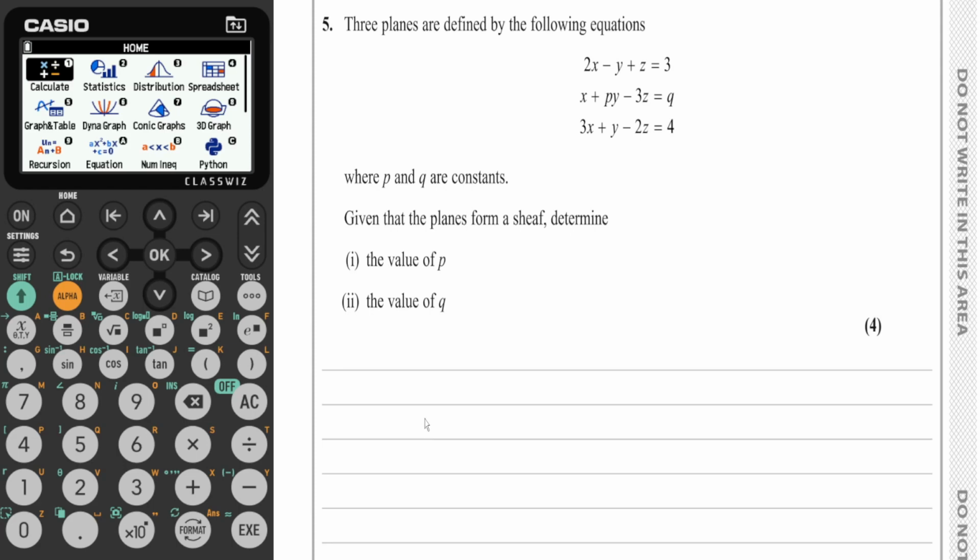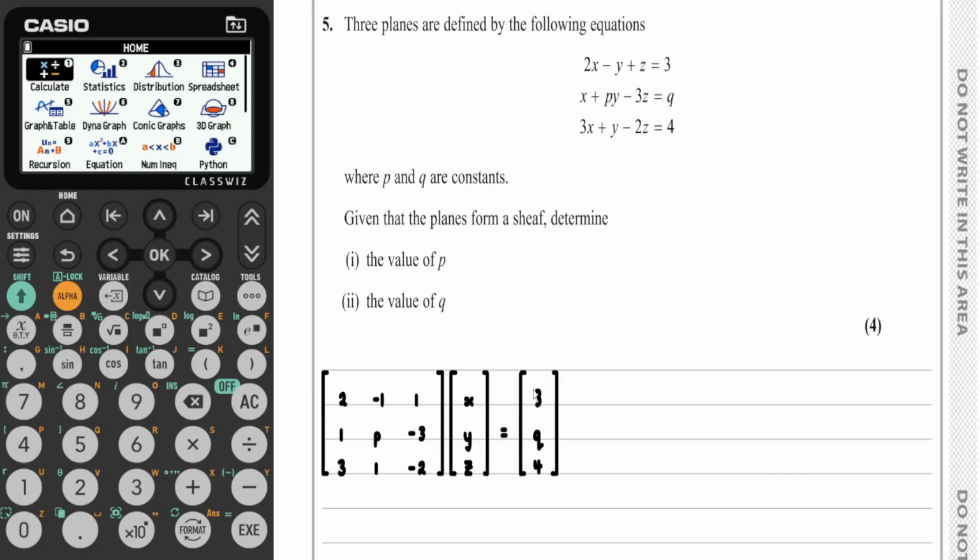The first thing we will do is rewrite the system of equations in matrix form. We've got this matrix 2, negative 1, 1; 1, p, negative 3; 3, 1, negative 2, multiplied by the vector x, y, z, and this is equal to 3, q, 4.